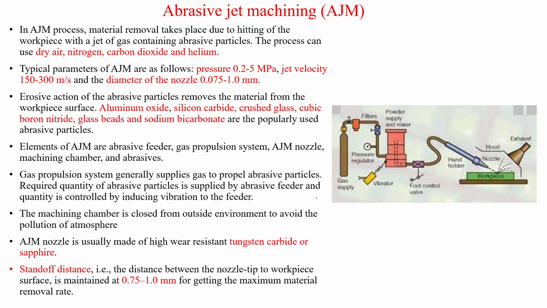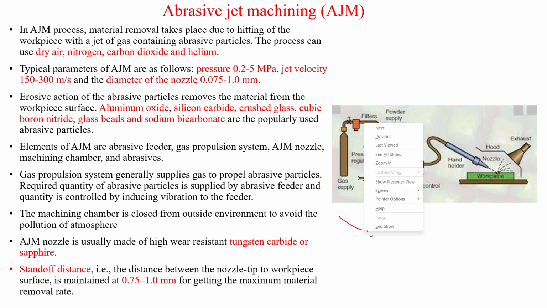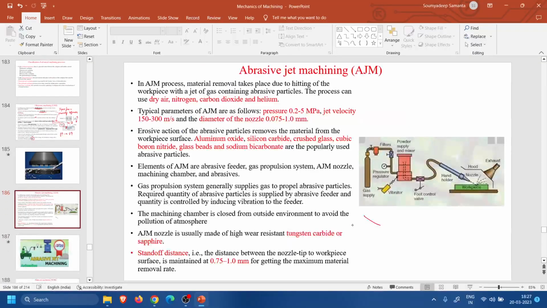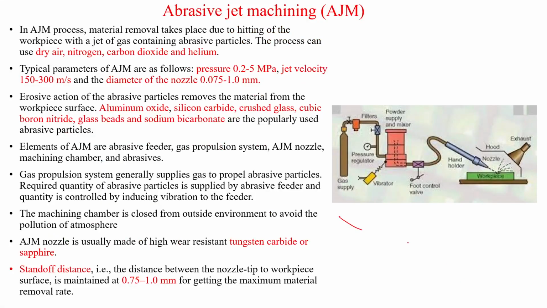For example, see, if this is the nozzle, and this is the tip of the nozzle. From here the abrasive flow is coming, and this is, for example, a workpiece.